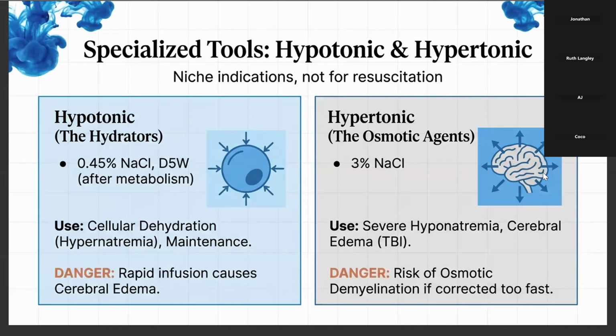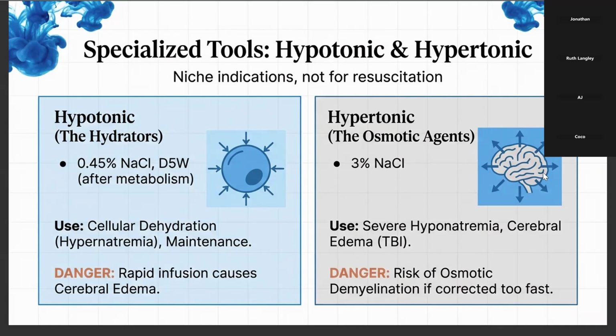So talking about the hypotonic and the hypertonic, there are particular indications for using these solutions. So if you've got somebody who is hypernatremic, you can use hypotonic saline to try and drag some of that sodium back into the cells because you want that hypernatremia to be reduced.